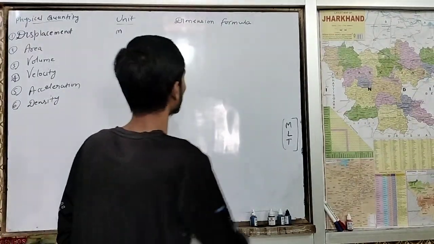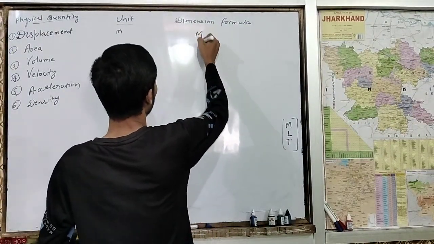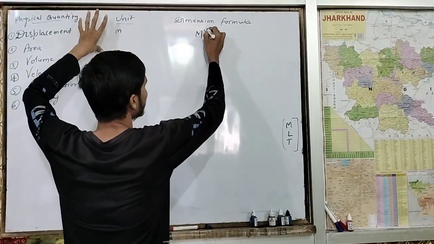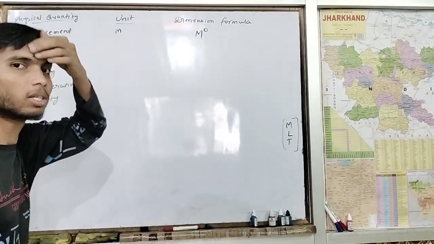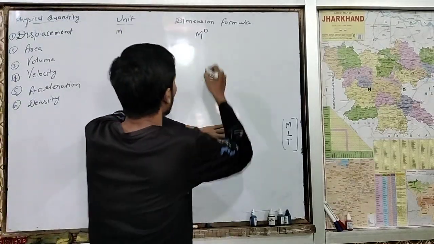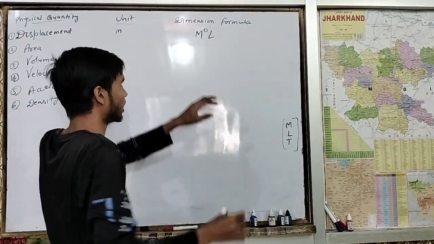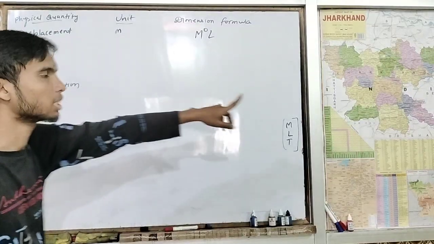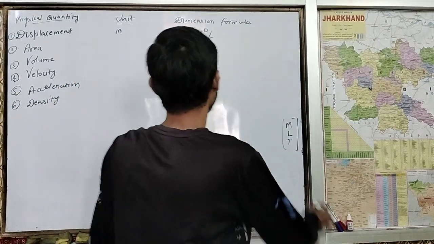For example, here we have 1 meter. We know that there is no mass in this displacement, so the exponent of M would be 0. Then we have L. L is for length. L is how much? 1. We know that 1 is hidden, but right now I am writing 1.